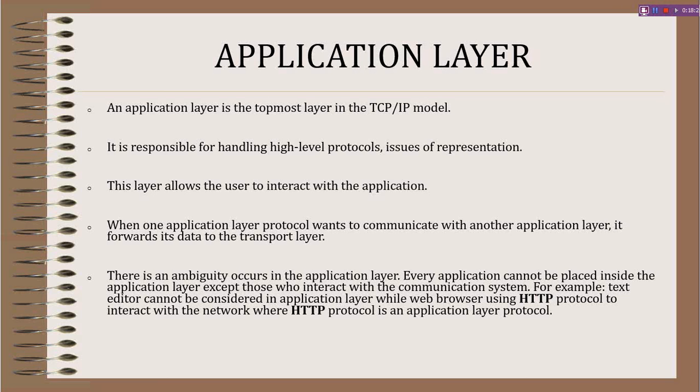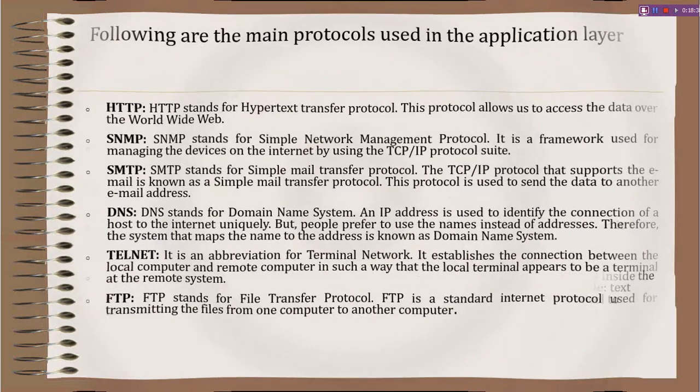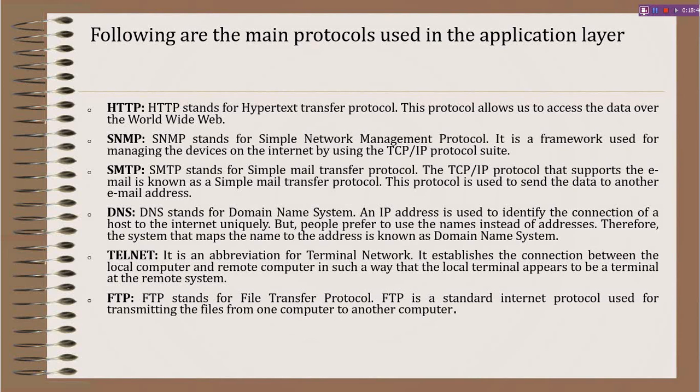Means in the application layer we put only those protocols which can communicate with the internet. So HTTP is an application layer protocol, and there are many protocols like HTTP, SNMP, SMTP, DNS, Telnet and FTP. These are some examples of protocols used in the application layer of TCP/IP.